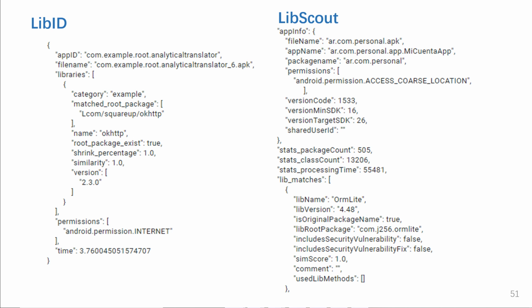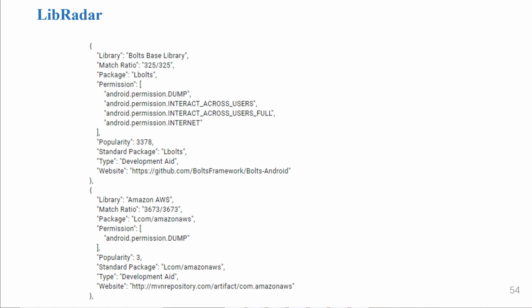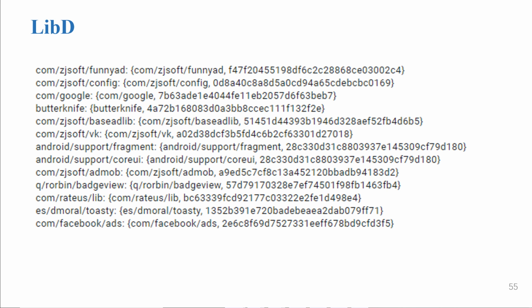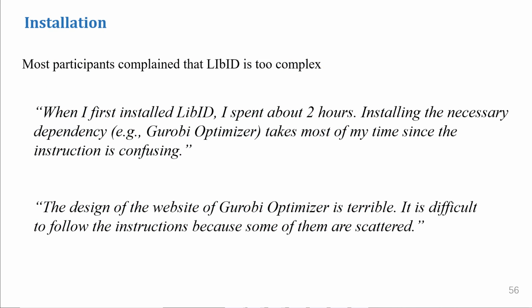Here we give some detection results to readers so that they can see which one they like most. And most people complain that LibID is too complicated during the install step.